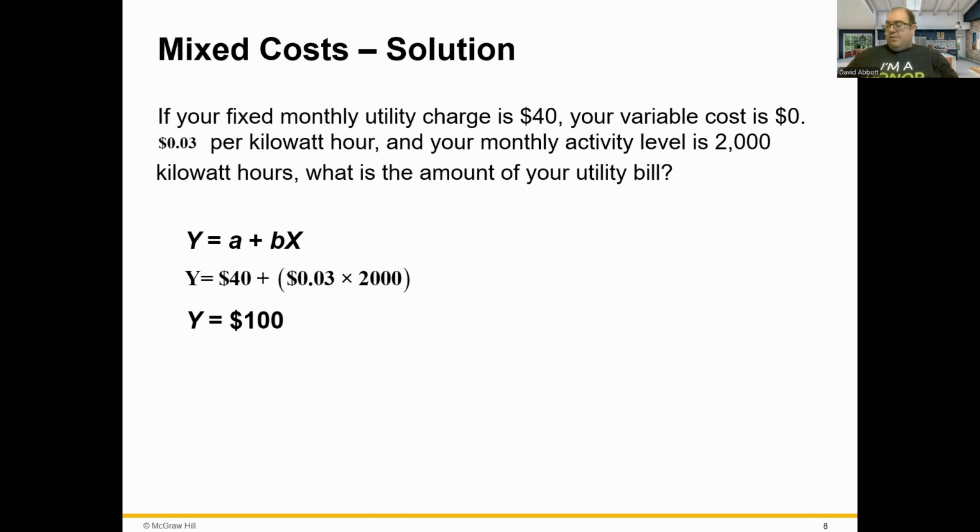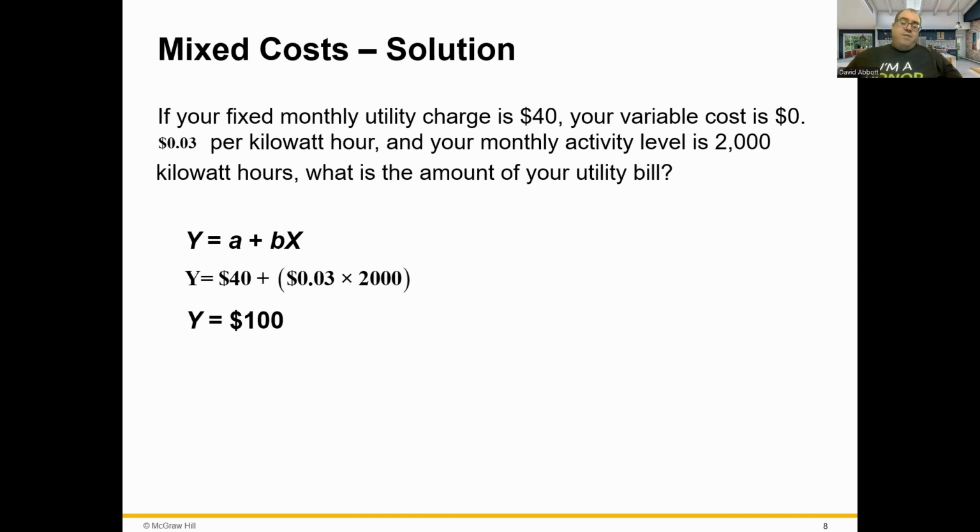And so here is an example. So for example, if your fixed monthly utility charge is $40 and your variable cost is 3 cents per kilowatt hour, then your monthly activity level is 2,000 kilowatt hours. Then this equation would be used to calculate your total utility cost to be $100.